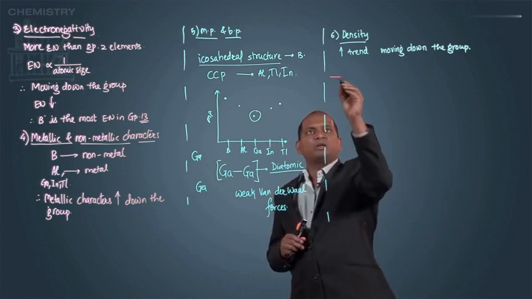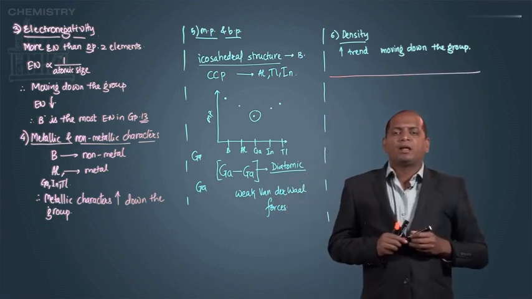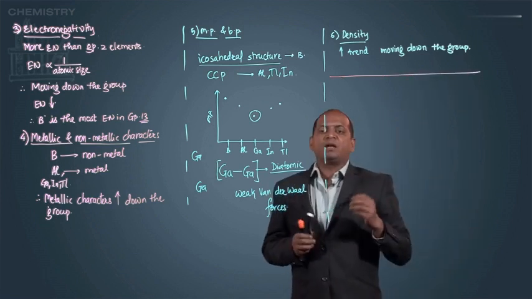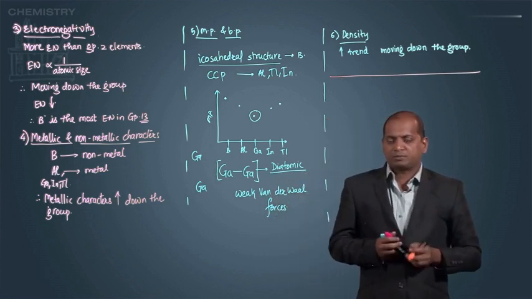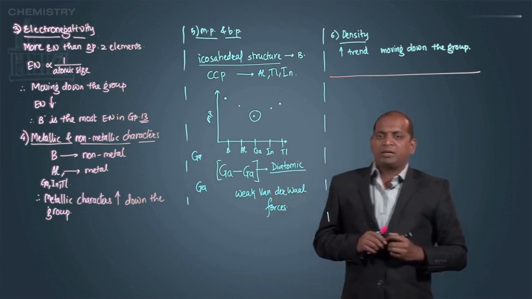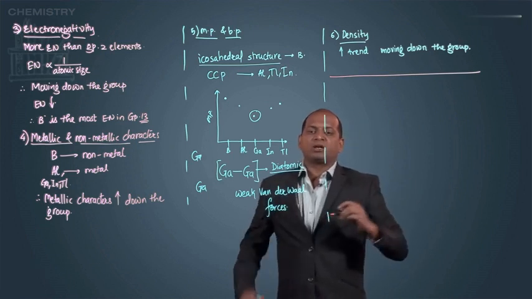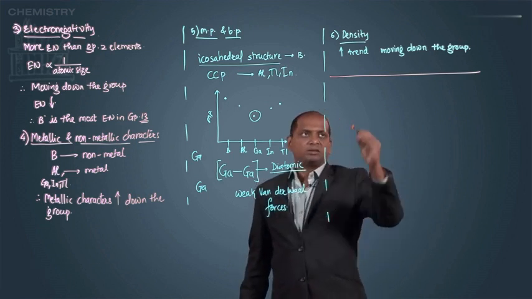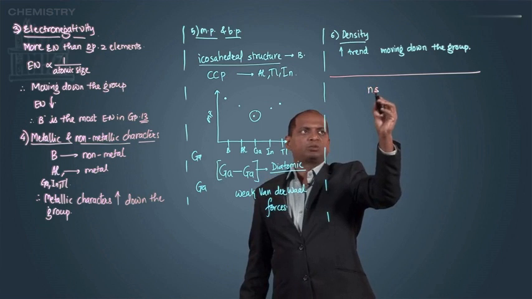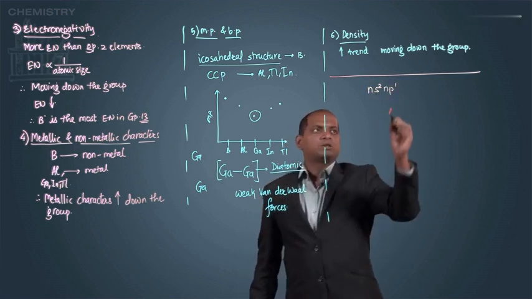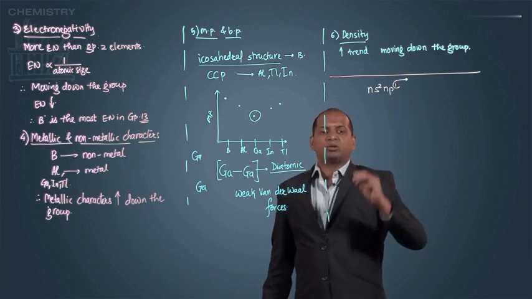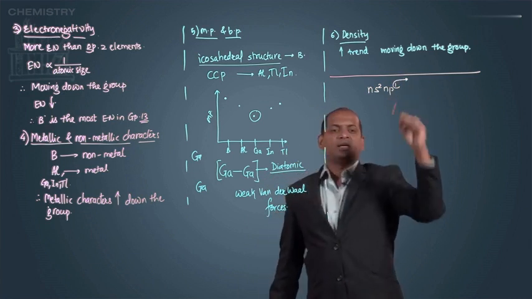Now we are going to discuss properties which will help to explain the reactivity. Let us consider the general electronic configuration for these elements. The valence shell is ns2 np1, so there is a loss of 1 electron also, or a loss of 3 electrons also.